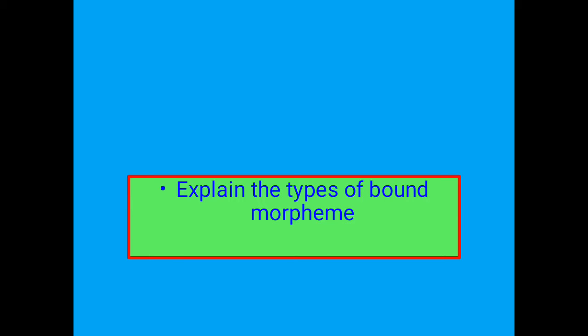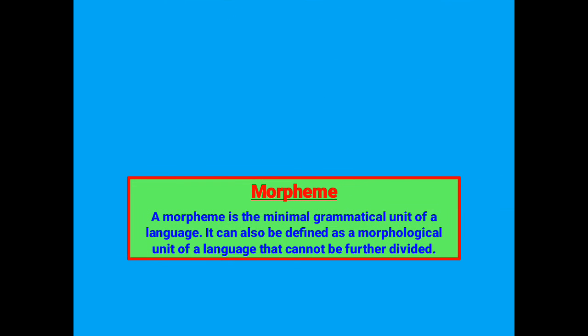We therefore proceed to the main concept of morpheme. What is a morpheme? A morpheme is the minimal grammatical unit of a language. It can also be defined as a morphological unit of a language that cannot be further divided.